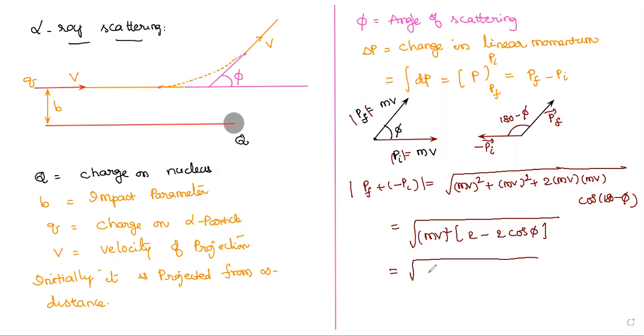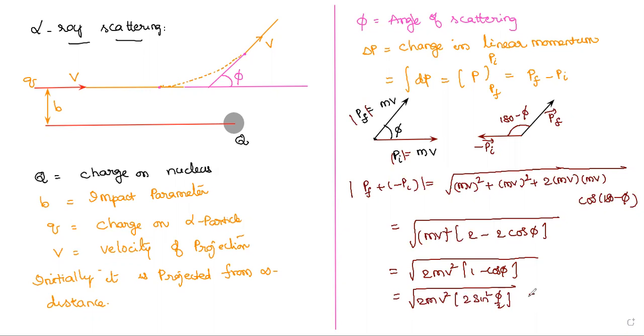Again, if I take 2 common, I get 2 mv square into 1 minus cos phi. 1 minus cos phi, all of you know, is 2 sine square phi by 2. So this is root of 2 mv square into 2 sine square phi by 2.